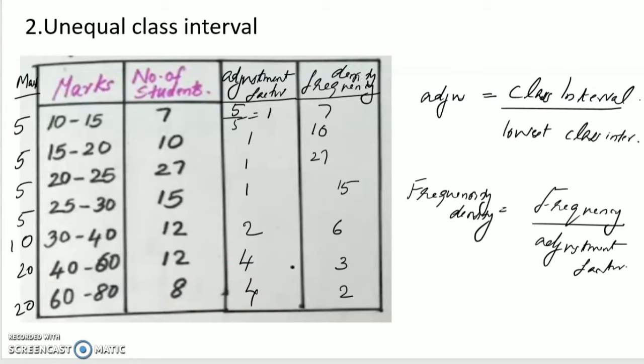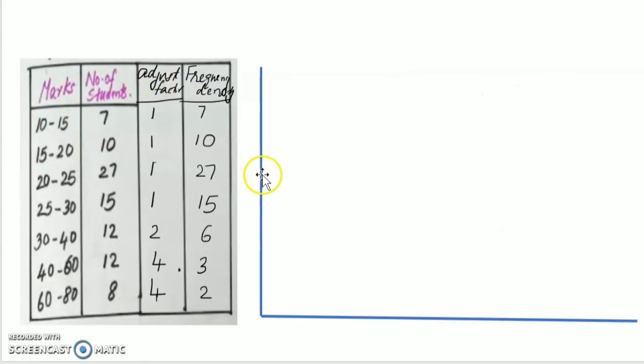Okay, now we can see how to draw this unequal class interval histogram. With this same example, I will show you how to draw it. This is our graph, the y-axis and x-axis. The same way as we draw the histogram with equal class interval, we have to draw here.